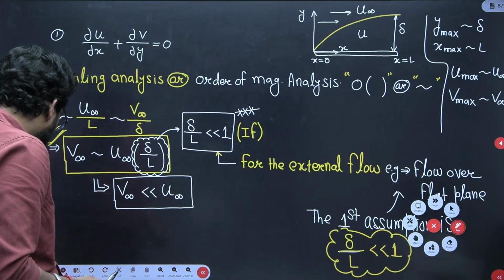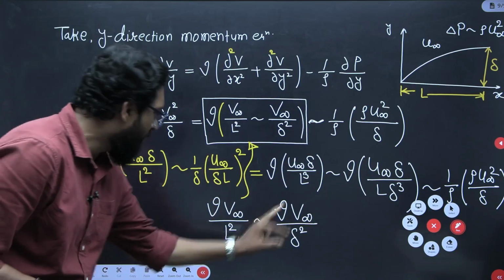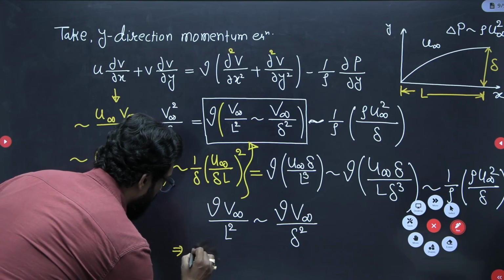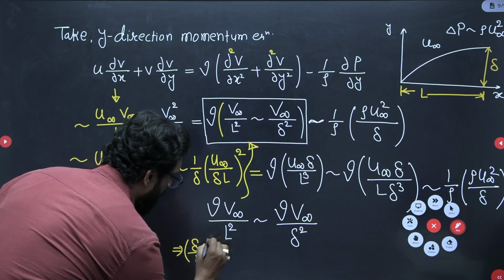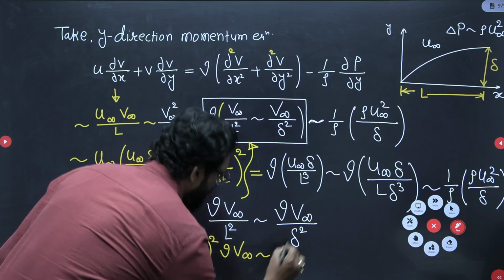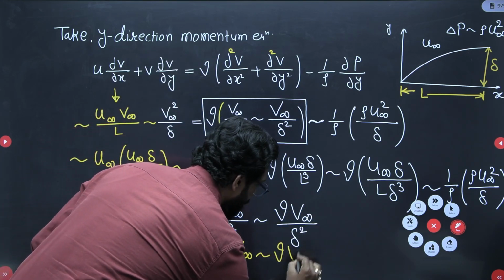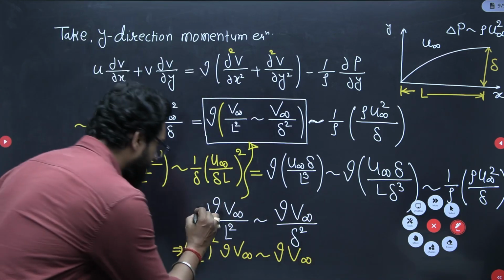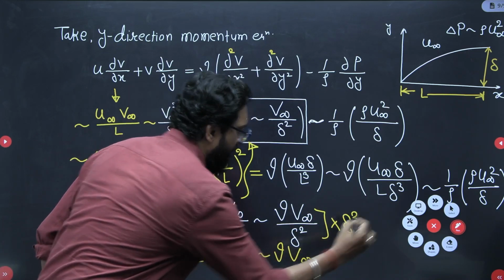Delta by L. If you multiply both sides by delta square, so delta by L whole square mu V infinite is the order of magnitude. Here delta square. So this is V infinite. Yes or no? Multiply both sides with delta square.